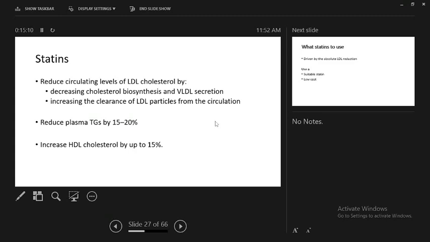We'll come to discussing the statin now. Statins reduce the circulating levels of LDL cholesterol by decreasing cholesterol biosynthesis and VLDL secretion from the liver, and also by increasing the clearance of the LDL particle from the circulation. Not only do they reduce LDL, they also reduce plasma triglycerides by about 15 to 20%, and increase HDL, the good cholesterol, by 15%.